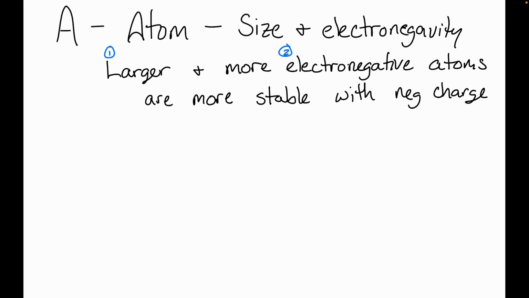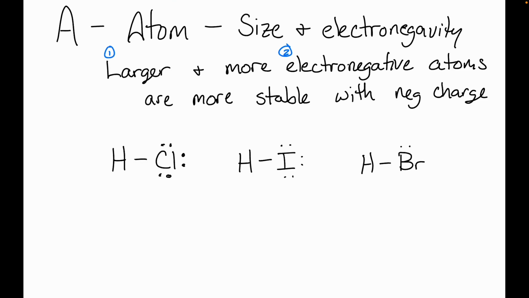Okay, so let's do an example of each here. Let's compare HCl, HI, and HBr. Okay, these are all quite good acids.